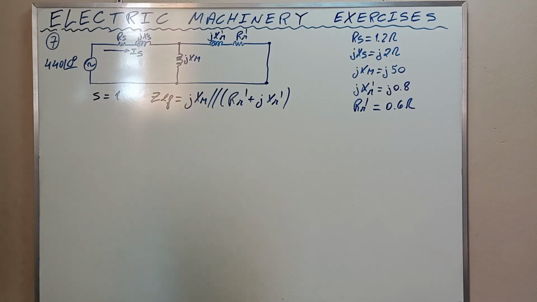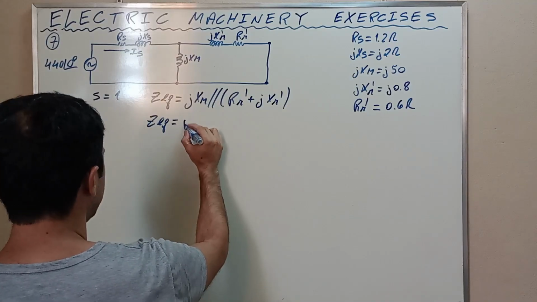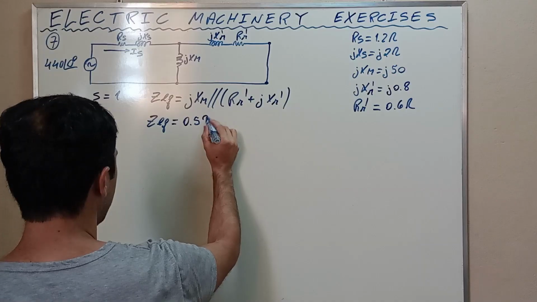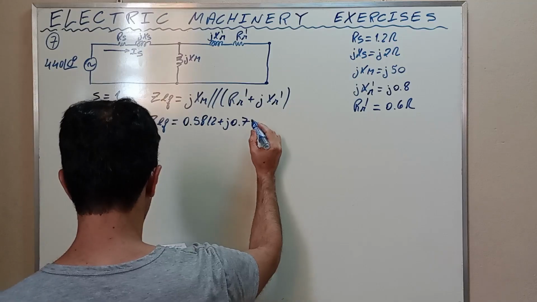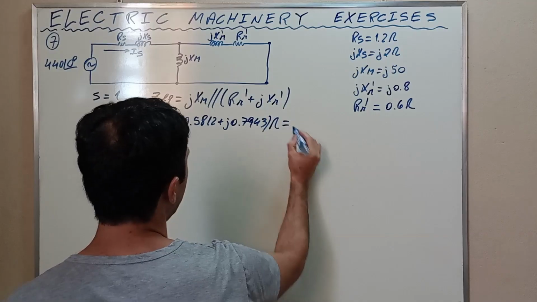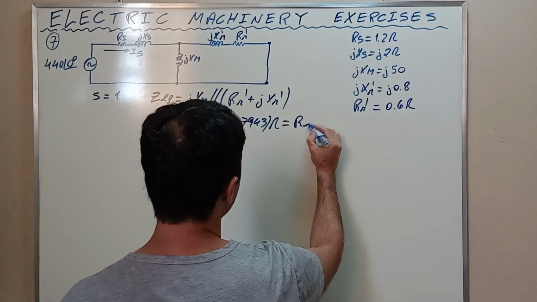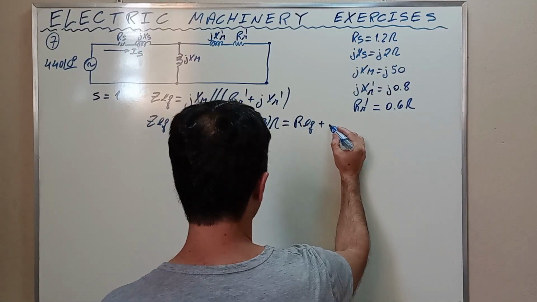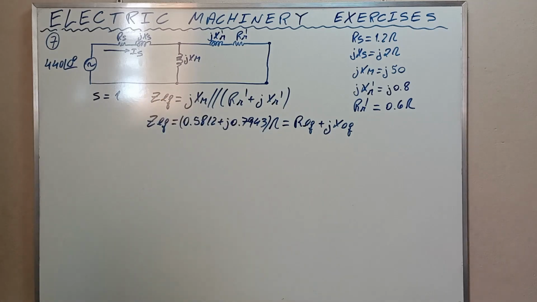If we use the values, we find that this is equal to 0.5812 plus j0.7943 ohms, the equivalent resistance plus j the equivalent reactance, and the circuit becomes this circuit here.